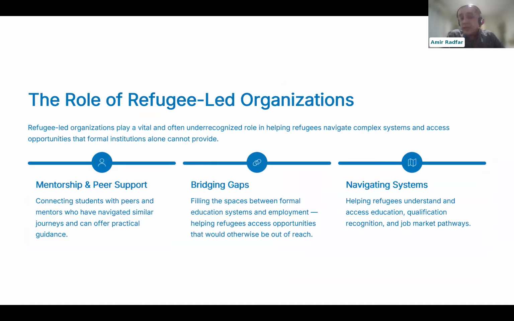So refugee-led organizations can play a very critical role, and this is something I really want to highlight. I don't know who is participating from refugee-led organizations in this meeting, but this is the message we should take to people in that space.